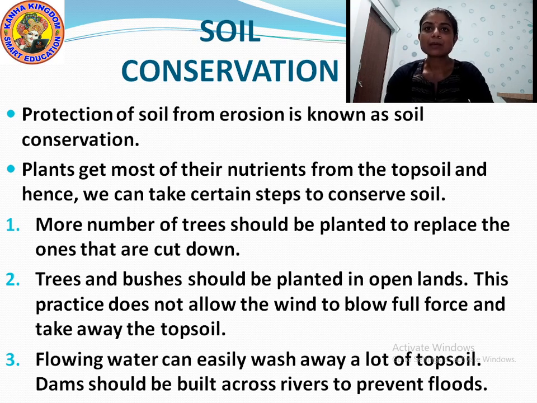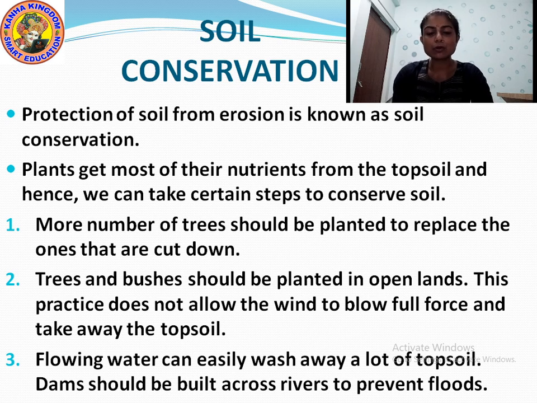Then trees and bushes should be planted in open lands where there are no plants and trees. Those lands should be planted with more bushes and small trees. This practice does not allow the wind to blow full force and take away the topsoil.